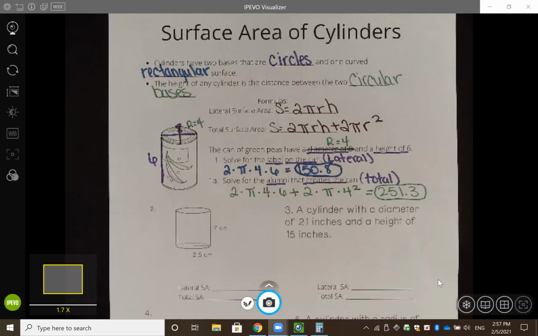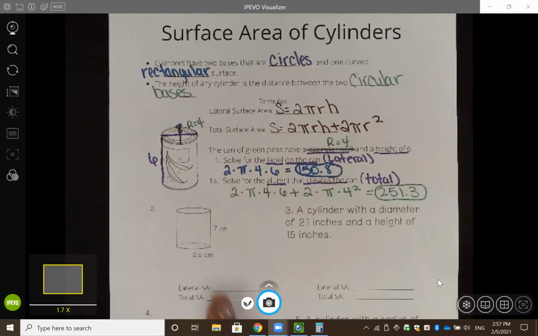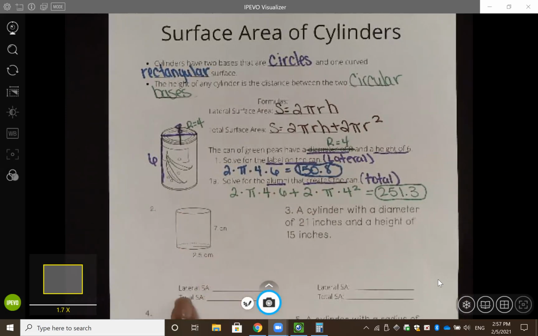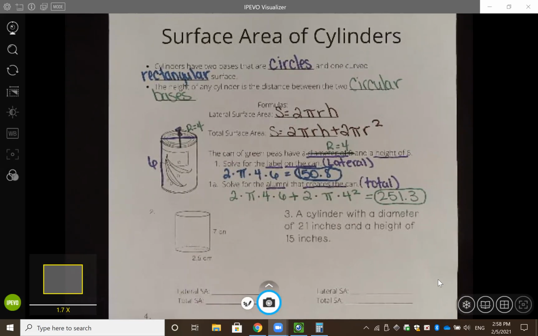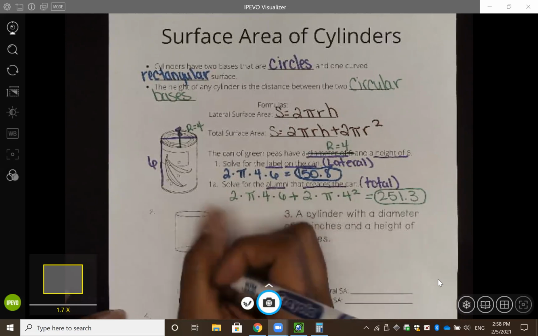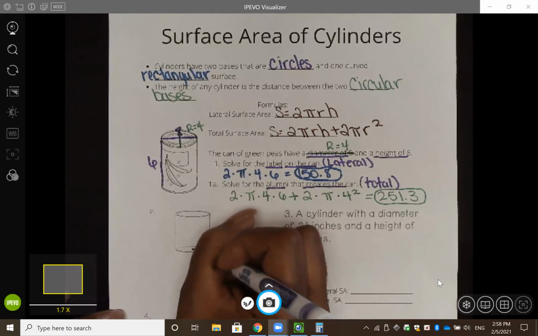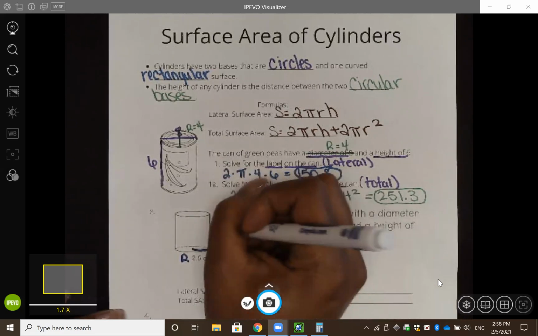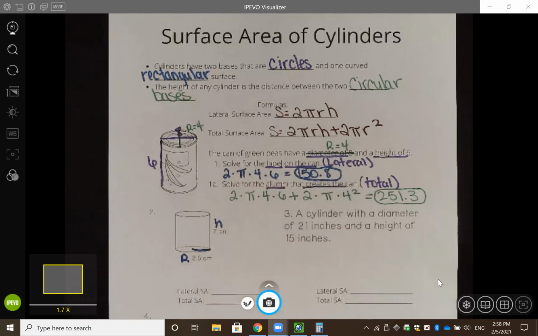Okay, number 2 says, oh, we're solving for lateral and total, and they gave us the numbers. So for this picture, this is my radius because it goes halfway across the circle. So that's my radius, and the other number is my height.